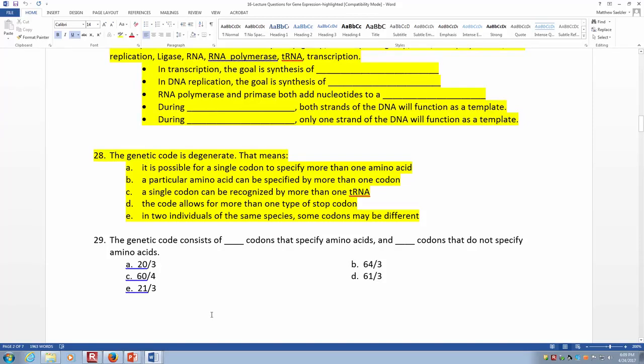So what does that mean again? It's B. Right, a particular amino acid can be specified by more than one codon.